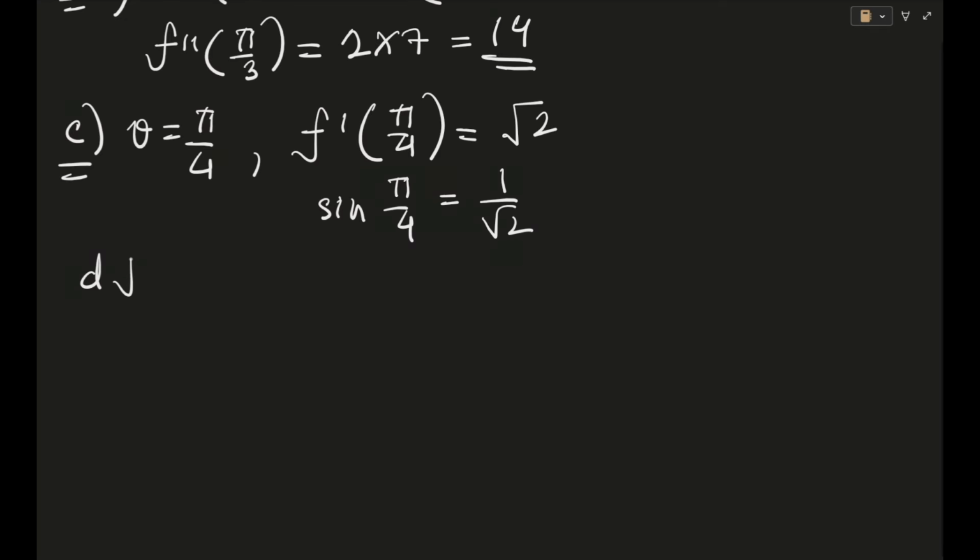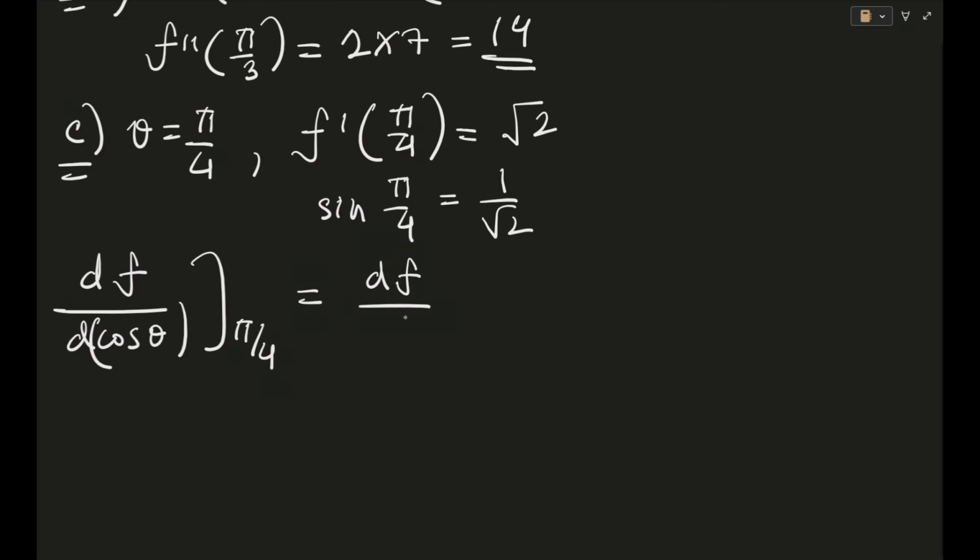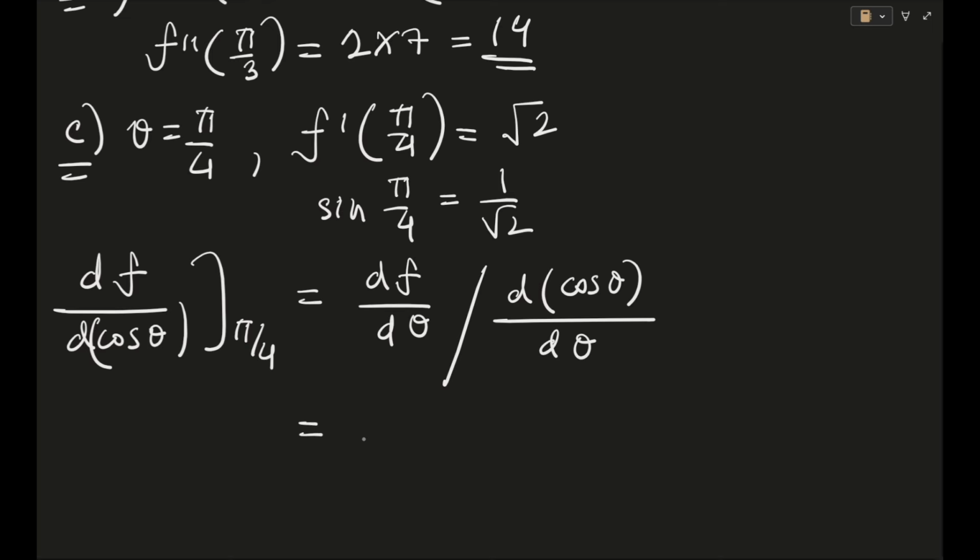So df by d cos theta at pi by 4 will come out to be df by d theta, whole divided by d cos theta by d theta. So this will be root 2, whole divided by 1 by root 2. And there would be a minus also, because cos theta on differentiating would give you minus sine theta. So basically this has come out to be minus 2.